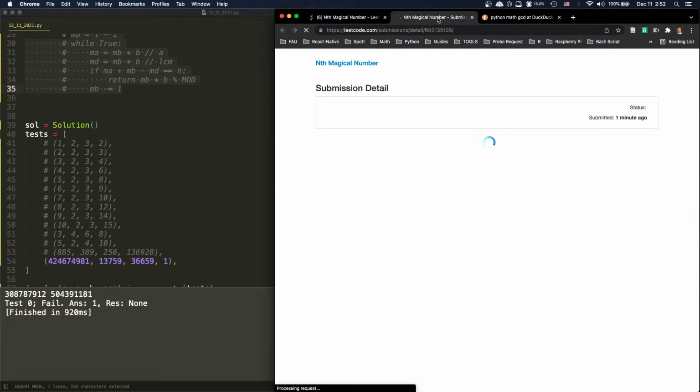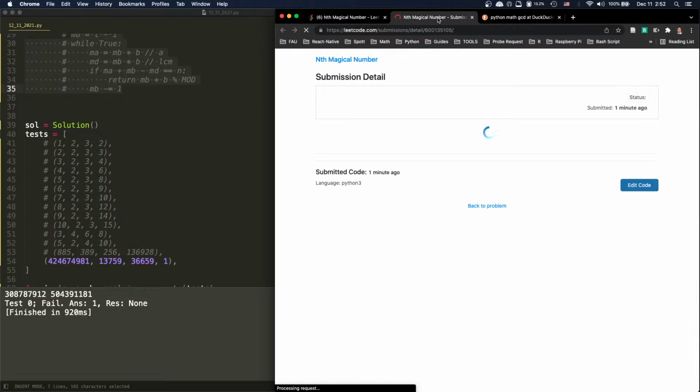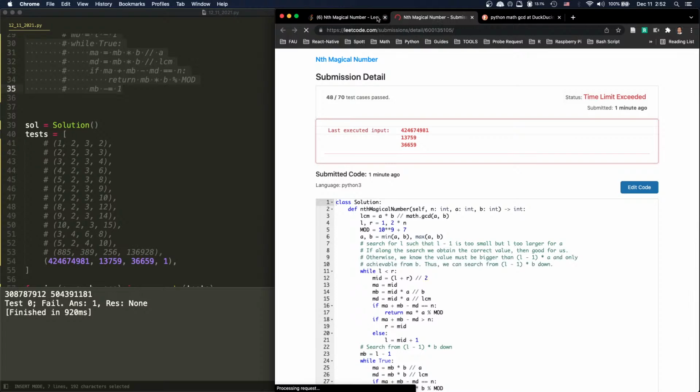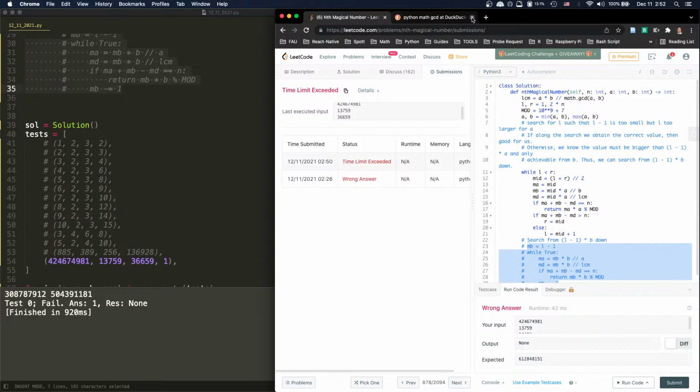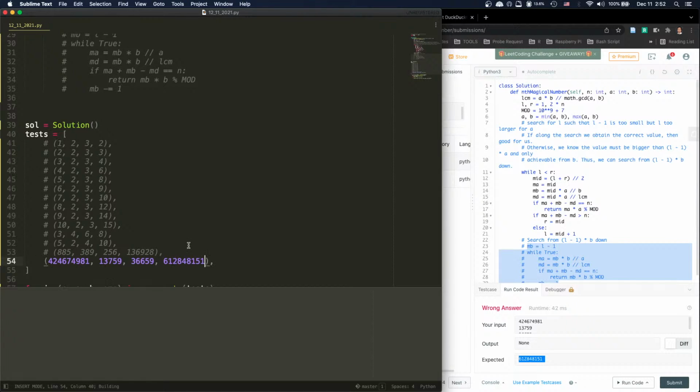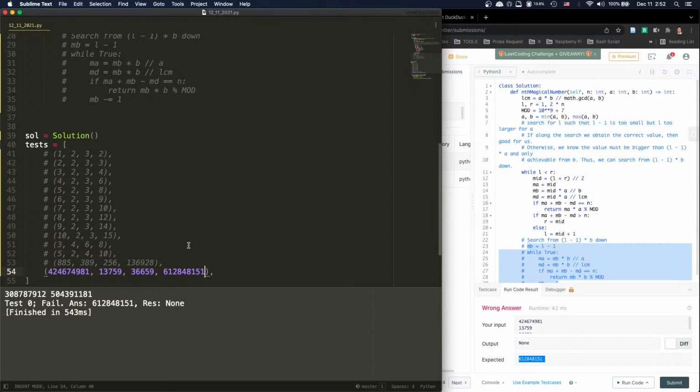We're getting very close. 48 out of 30, out of 70. All right, so the answer, oh my goodness, that's a huge value. Doesn't matter. I probably need Python to do this. I don't think my calculator can handle this.